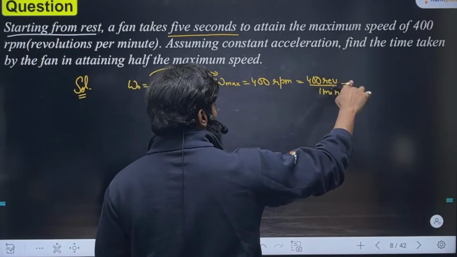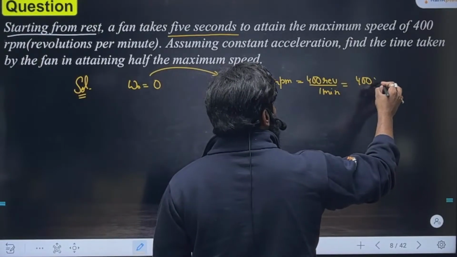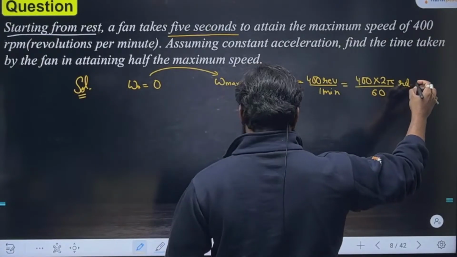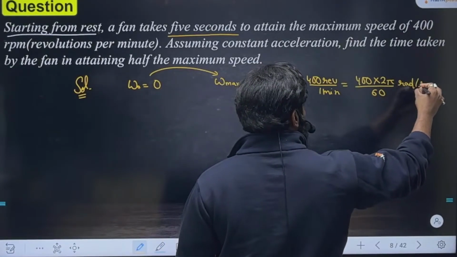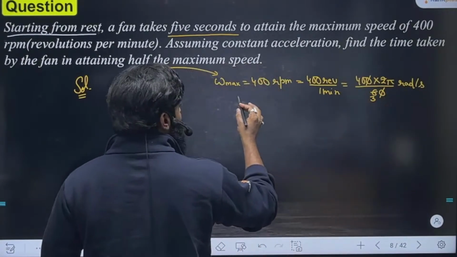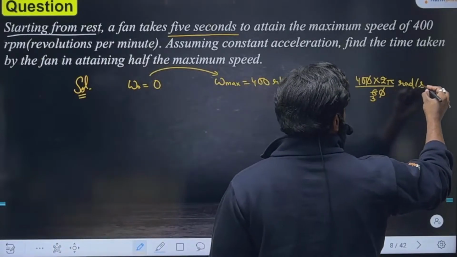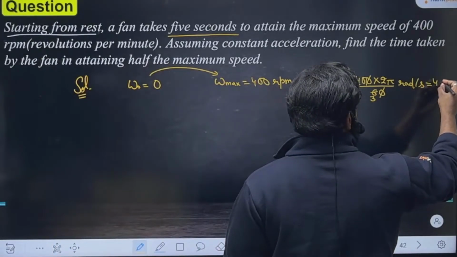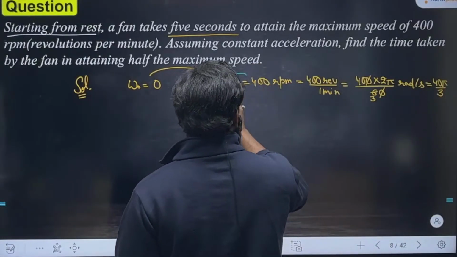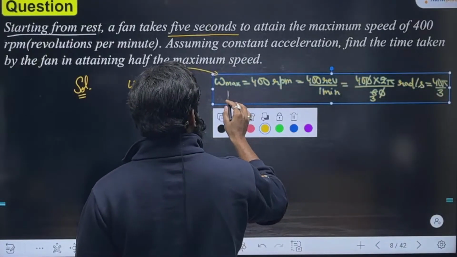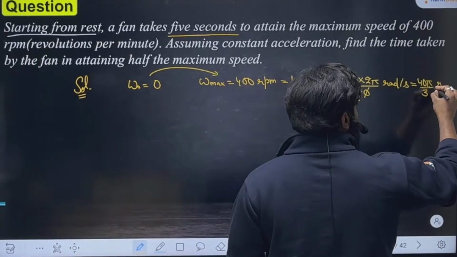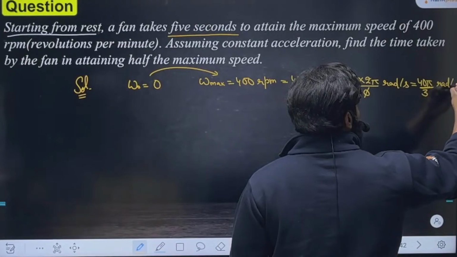You have to change this revolution per minute into radian per second. So 40 pi by 3 radian per second.